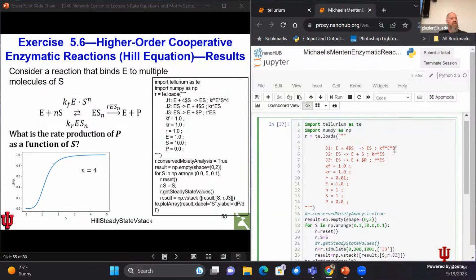And then we have to raise S to the 4. And our backwards reaction has 4 here. And nothing else changes. Is that clear what I'm doing here? Is it clear how the reaction diagram corresponds to what I've typed?